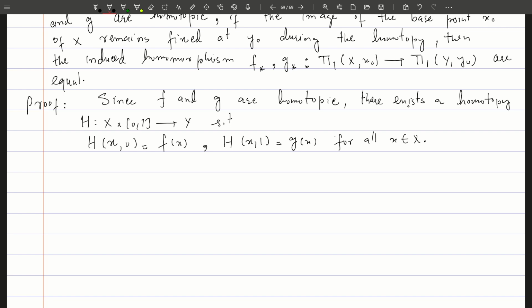Also we are given that this point x naught remains fixed during the homotopy. So also we are given that H of (x naught, t) is equal to y naught for all t in the interval 0 1.